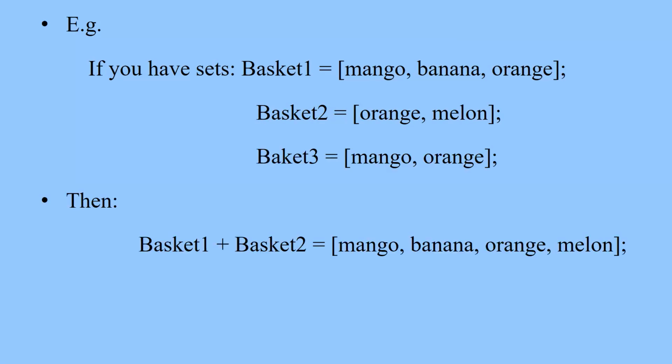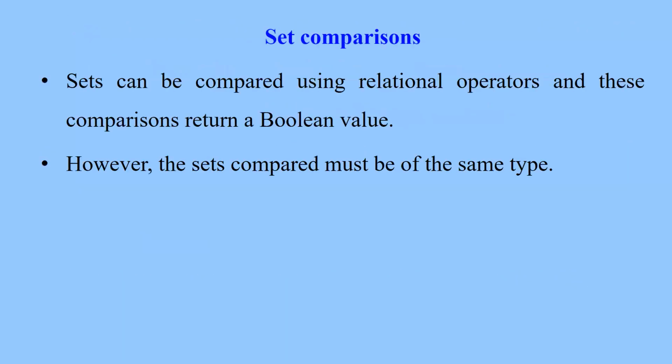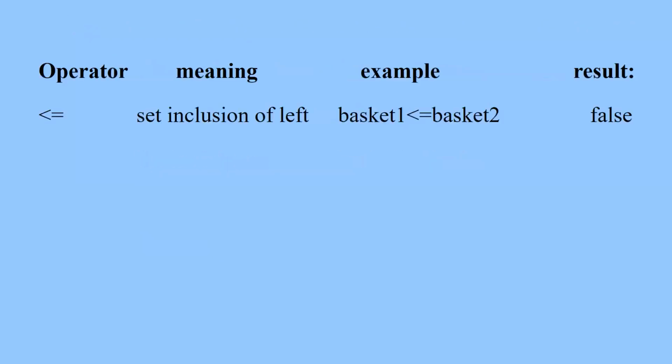And therefore, when we are reading this statement, set inclusion of left, is basket 1 less than or equal to basket 2? Simply, it is saying that the content of basket 1 is less than or equal to the content of basket 2.